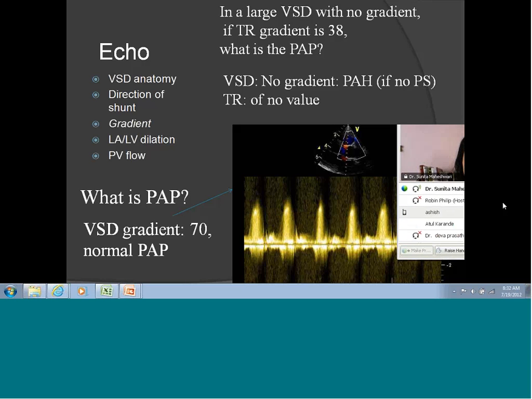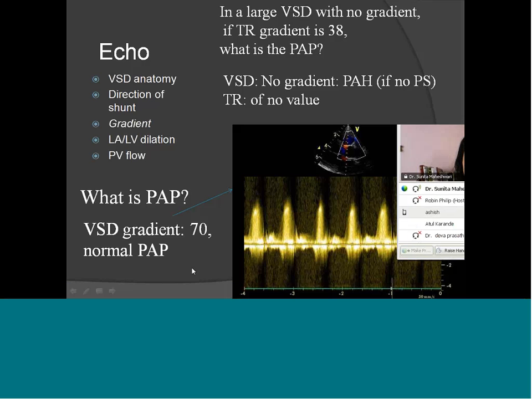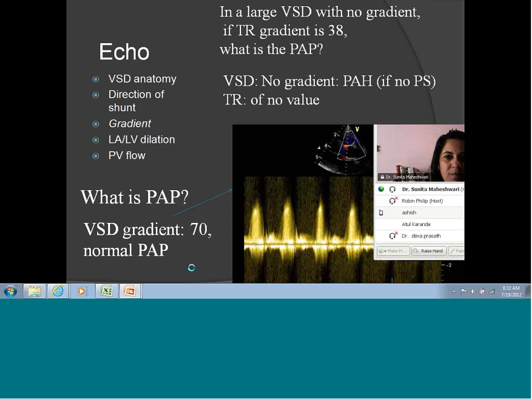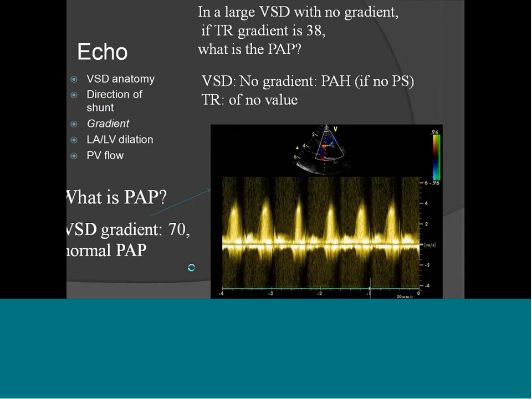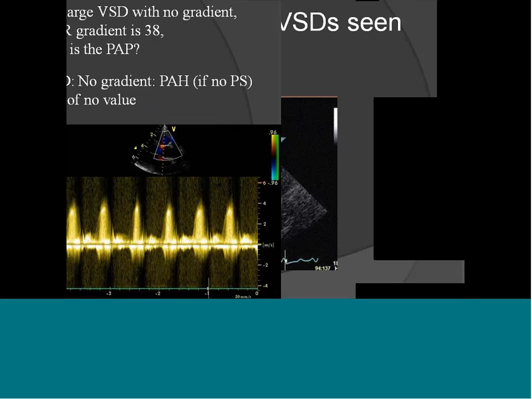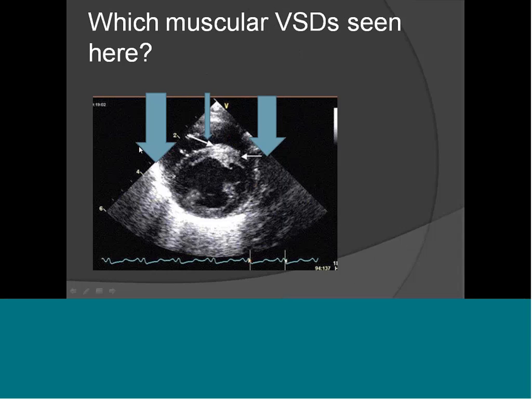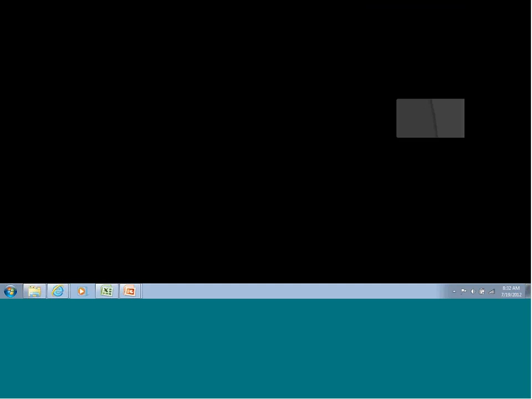Okay, all clear on this question? So we'll move on to the next one. This is a short axis view of your LV. The area above is your RV, and then that's your LV. Which muscular VSDs are seen here? So the first one, arrow on the left, which VSD?